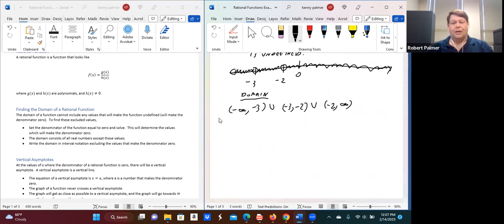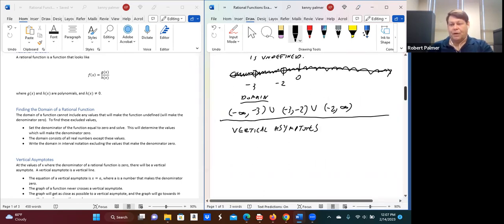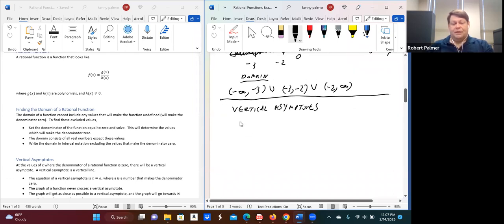Okay, now, some about vertical asymptotes. Vertical asymptotes are basically vertical lines where functions are undefined.